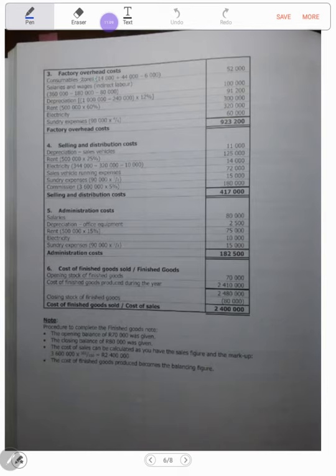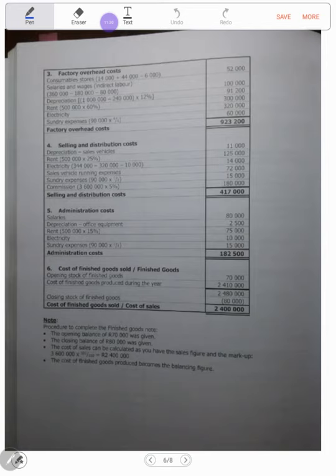So there is my consumable stores. I have the 14,000, which was my opening balance. I'm adding what I've purchased during the year, the 44,000, and I'm subtracting what I did not use of my consumable stores. This is a popular adjustment in cost accounting when it comes to consumable stores.